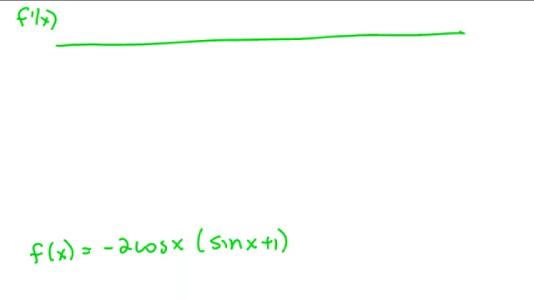So here's my number line, and I'm going to put the derivative on here. I'm just going to write it down here again. There we go. And there are 3 parts to it.